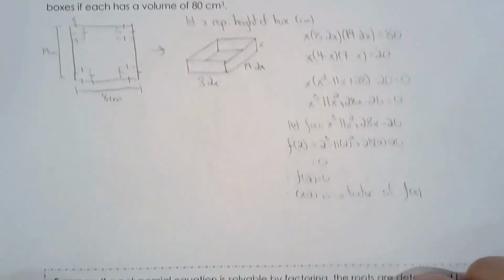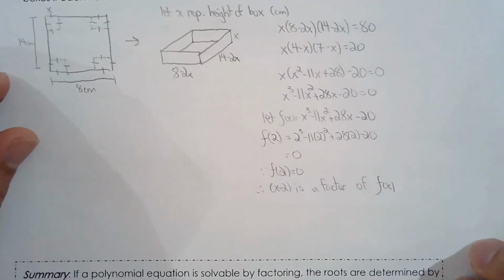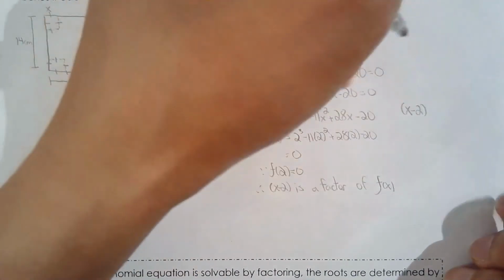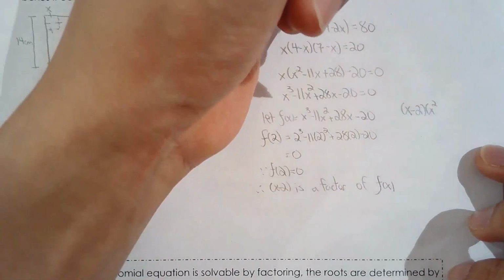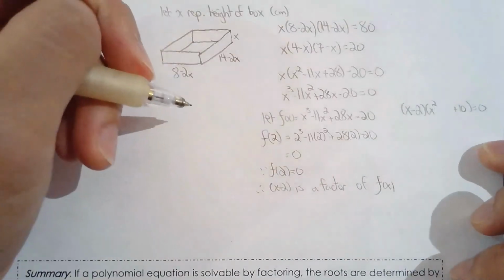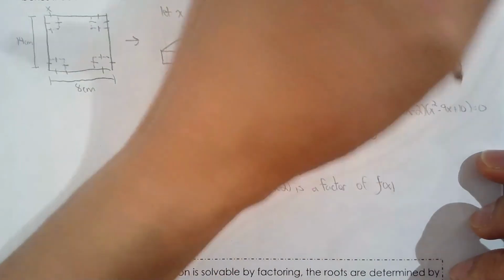So x minus 2, and then x squared. This should be plus 10. And the middle term, this is going to be minus 2, but I want minus 11, so this is going to be minus 9x.